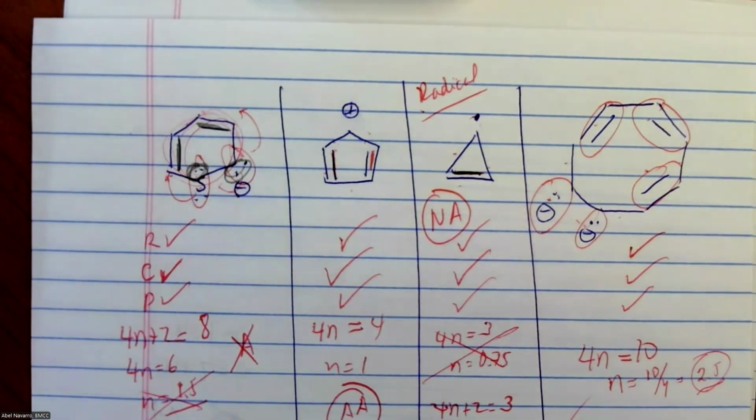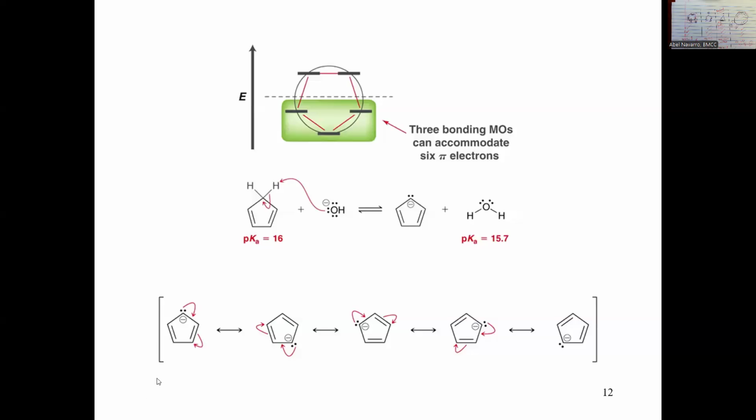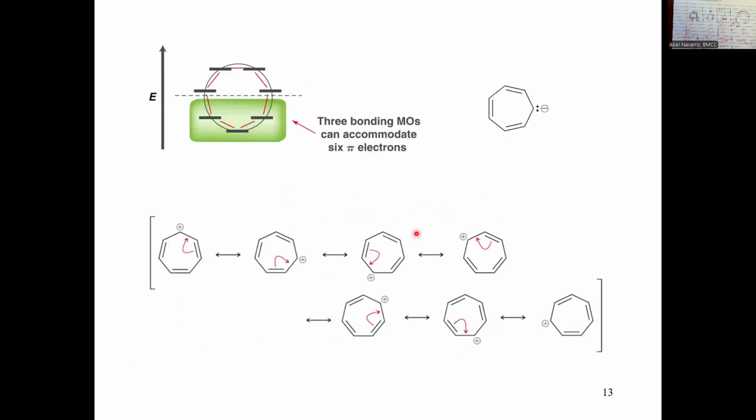All right, so let's continue with the last part of the chapter. Here are some more examples for acids and bases. You see here, explain why this compound is acidic. It's acidic because once it gets deprotonated, now it becomes aromatic. But of course, you have to do the analysis of the aromaticity. Here is another example, the tropylium ion.